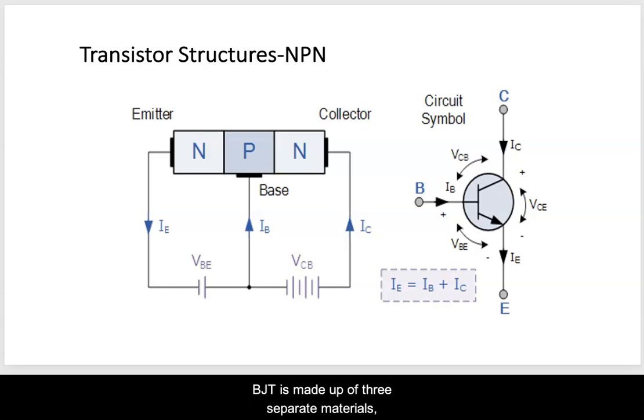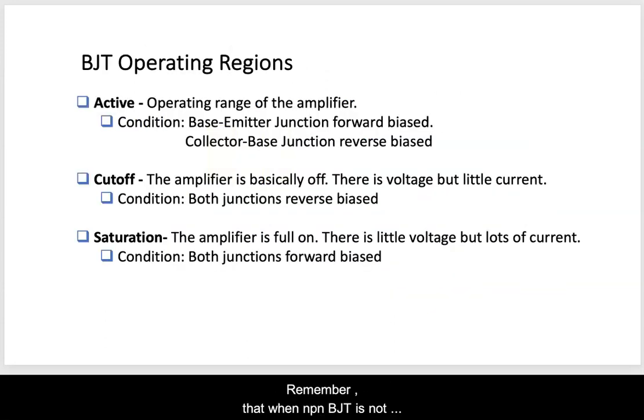The BJT is made up of three separate materials, which create two PN junctions as shown. The two junctions, namely the base emitter junction and the collector base junction. From previous discussion on diode, when NPN-BJT is not biased, the unbiased PN junction forms a depletion layer at room temperature.